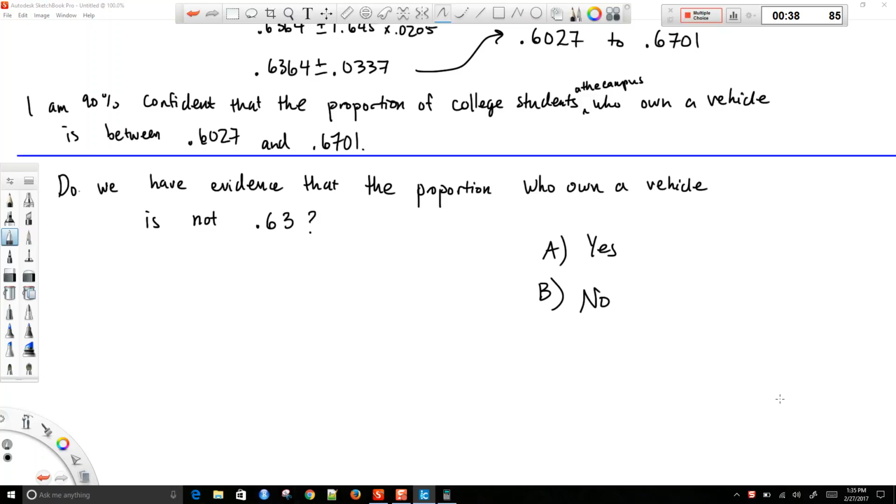Well, just at face value, do we have evidence? Or I guess we can change it to: are we confident? If that makes you feel better, okay? Do we have evidence, or are we confident that the proportion who own a vehicle is not 0.63?